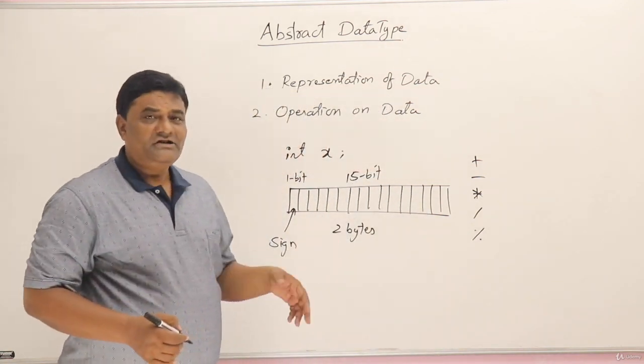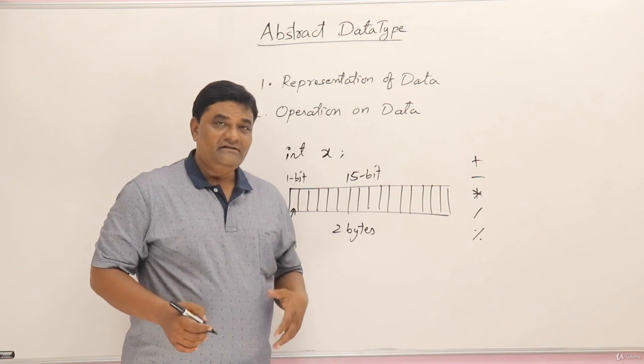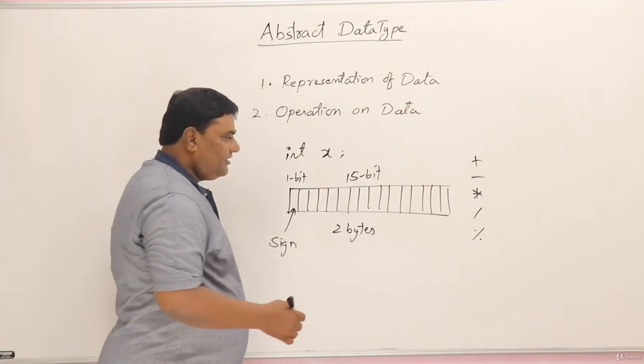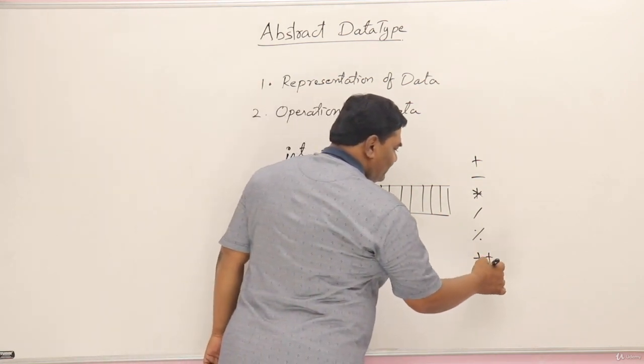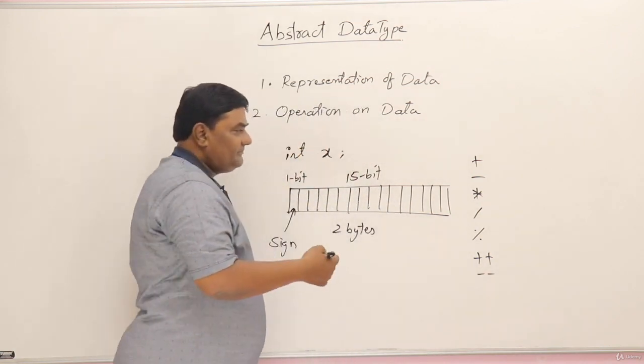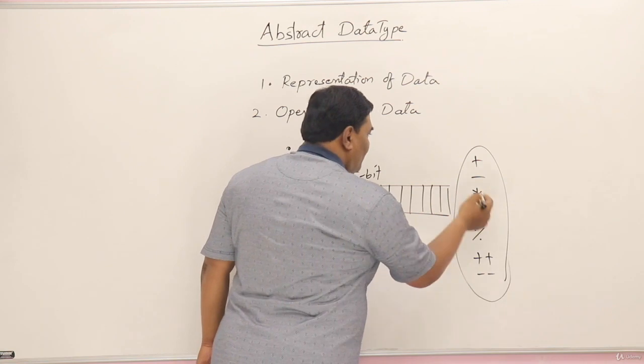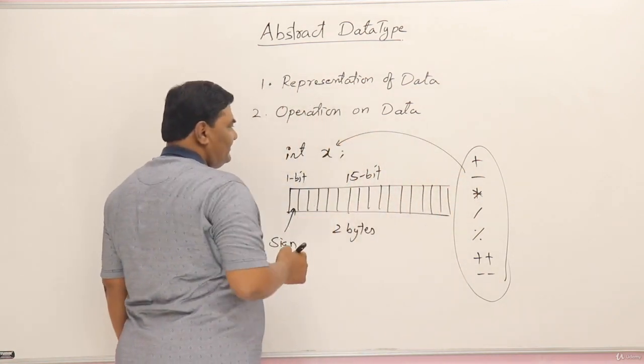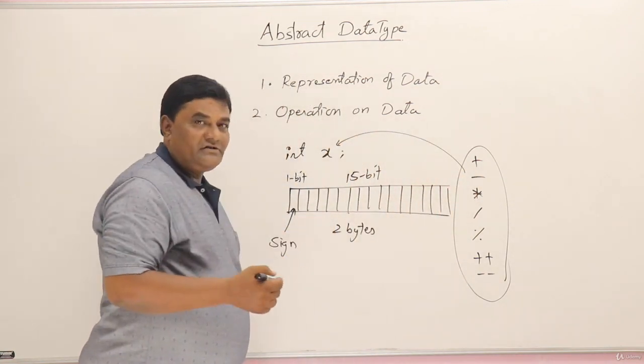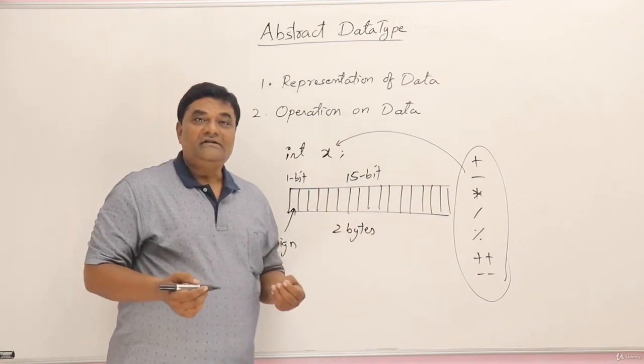Apart from this, relational operations, that is less than, greater than, and increment and decrement operators are allowed, that is plus plus or minus minus, both pre-increment and post-increment. These are some of the operations allowed on integer data. So that's all. This is a data type.